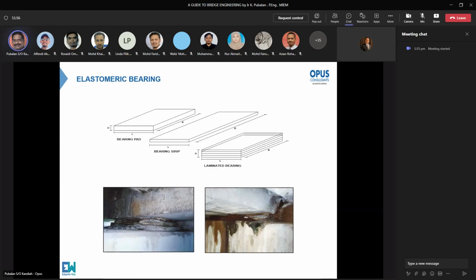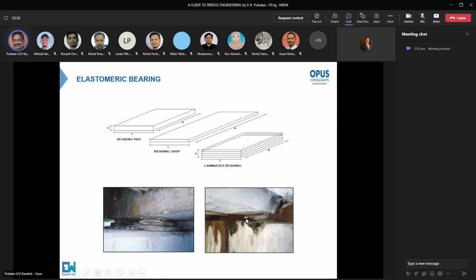Now this is an example of an elastomeric bearing. I chose this photograph just to show that some very old bridges, and bridges where you have water seepage problems, water seeping from the bridge joints, this is how bad the bearings can be.